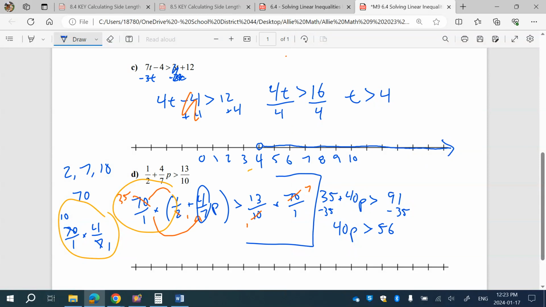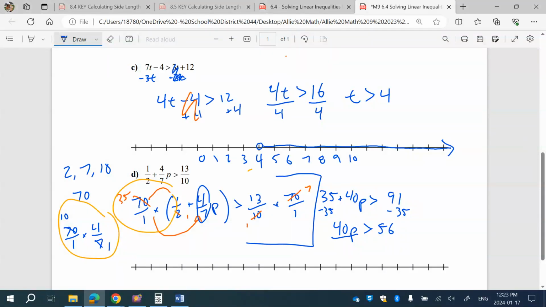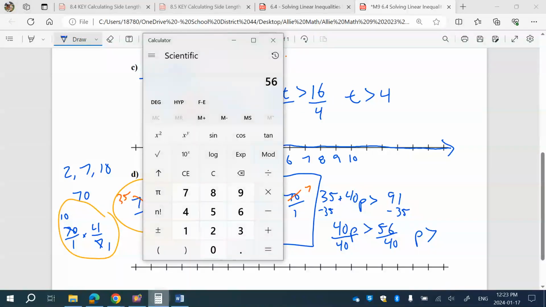And now we're going to divide by 40. I think we're going to get a fraction or a decimal, so let me show that step. Divide by 40, divide by 40. p is going to be greater than 56 divided by 40, which equals 1.4.